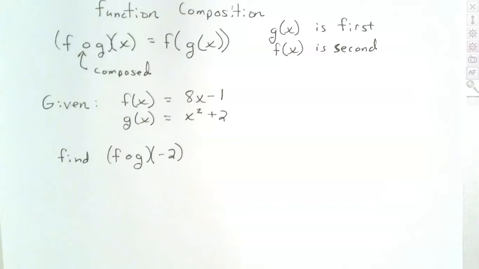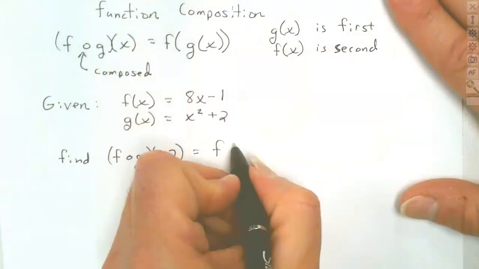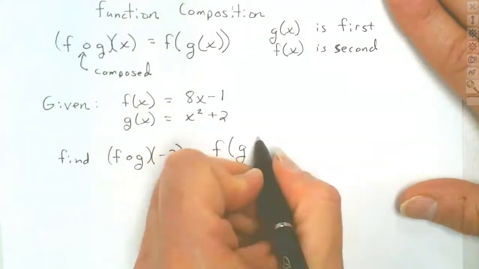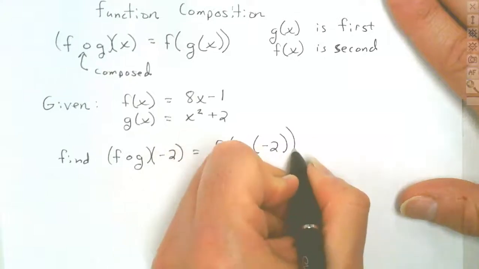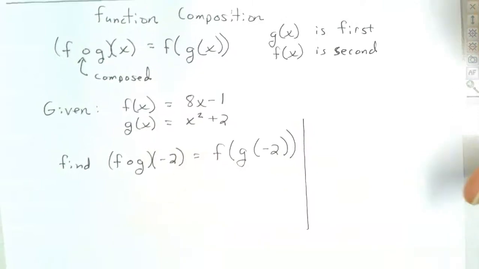Sometimes students get confused and try to use the variables. But if there's a number in the parentheses, you get out a number. When we rewrite this, we get f of g of a -2.